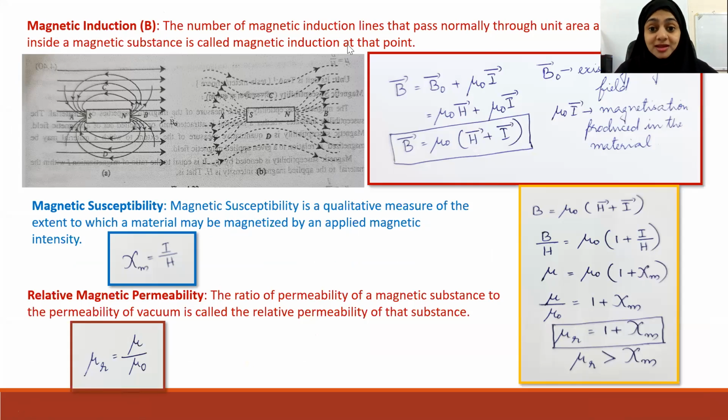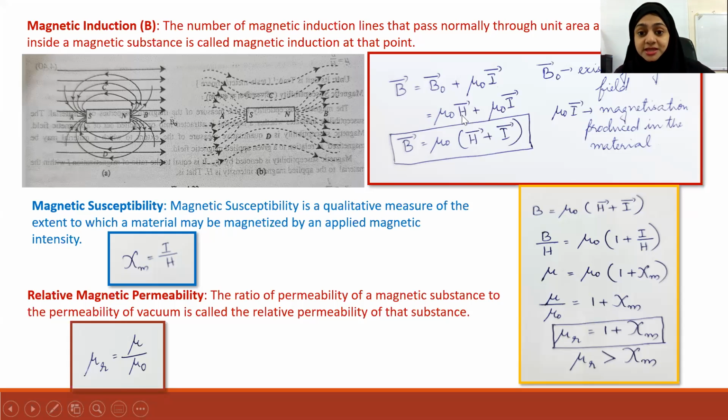So for that, B will be equal to the applied field plus the new magnetization produced inside the material. That is mu naught times I. I, we know, is the intensity of magnetization, right?